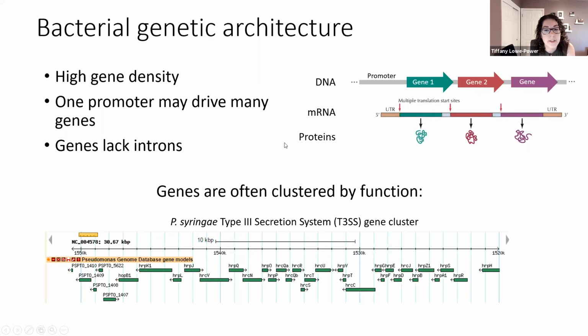And it's really useful to know that bacterial genes are often co-expressed on single promoters, because when we start looking at bacterial genomes, we find that a lot of genes are clustered by function. This makes bacterial genetics fun and exciting, because if you look at one gene, this HrcU, often we can hypothesize that the genes around it are involved in similar processes for the cell.